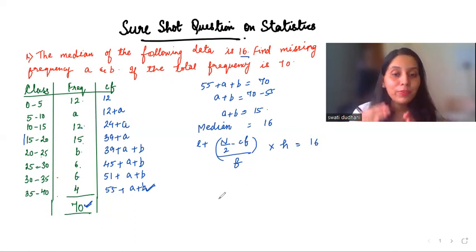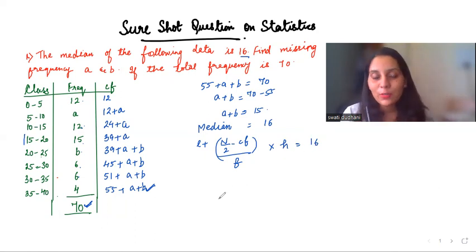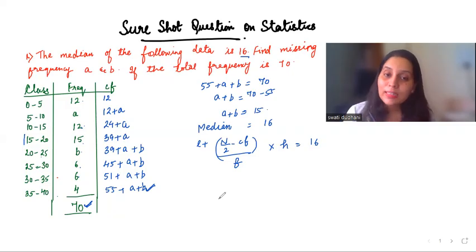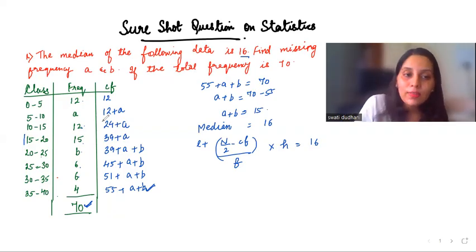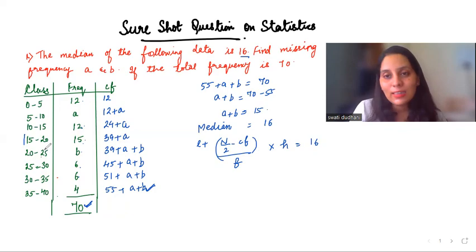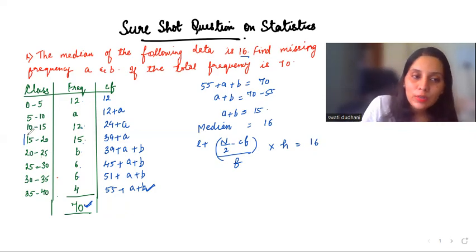Before substituting the values, you need to first find the median class. The median class is basically the middlemost class. Here we have 8 frequencies, so the middlemost can be either 15 to 20 or 20 to 25. You can consider either of them. I'm going to consider 15 to 20.